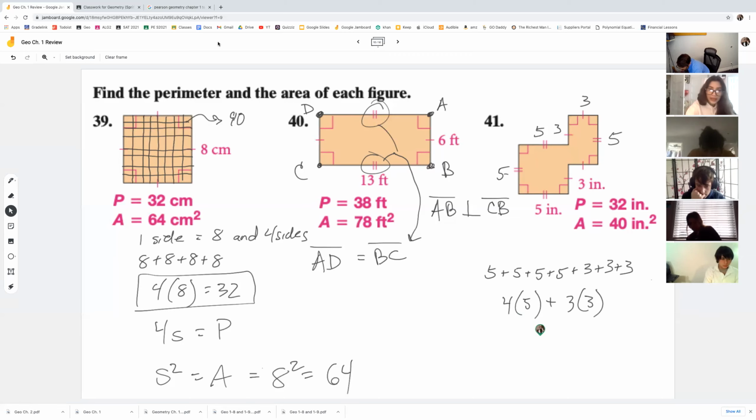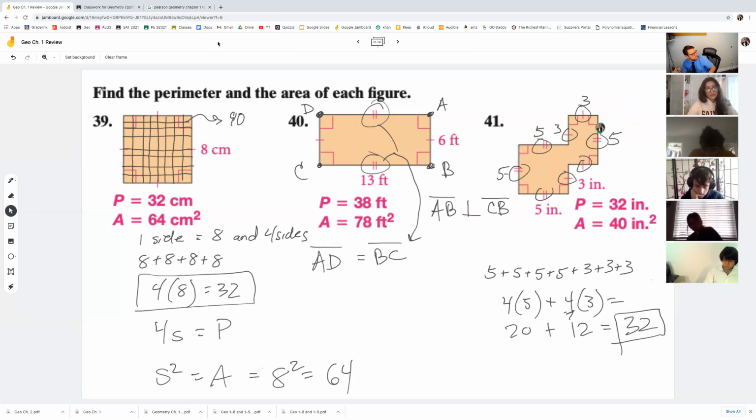You can see that where it says the 3-inch, there's 2 lines. Oh, right. Okay, thank you. Like I said, Mr. Scrivener definitely makes mistakes. So 20 plus 12 equals 32. How did I get 12? 4 3s. You have 1, 2, 3, 4 3s and 1, 2, 3, 4 5s.